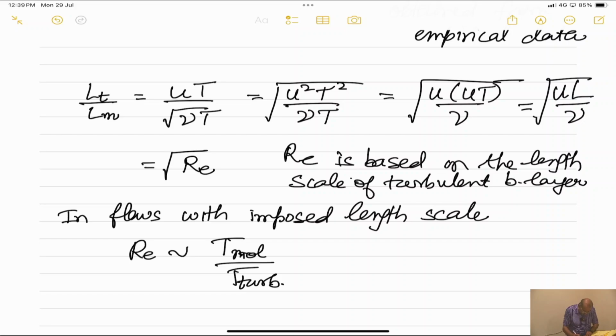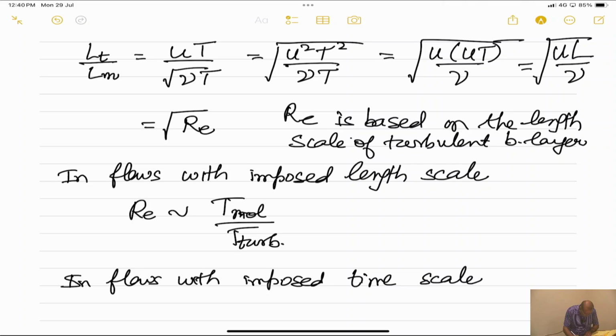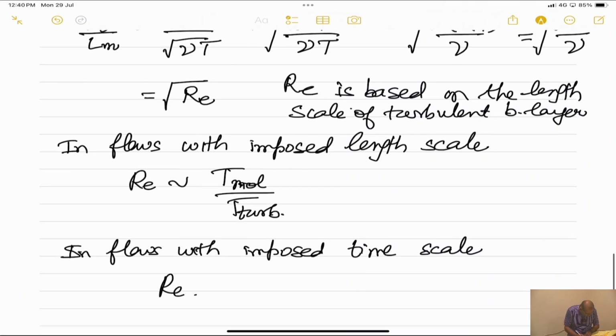Whereas in flows with imposed time scale, Reynolds number goes like LT upon LM whole square. And the basic crux of both these things is that turbulence therefore causes much more diffusion than a laminar scale.